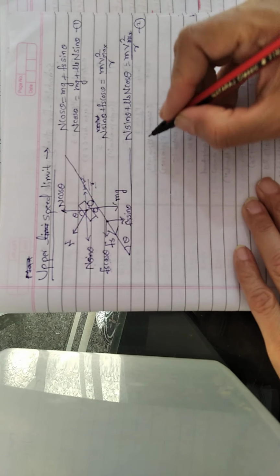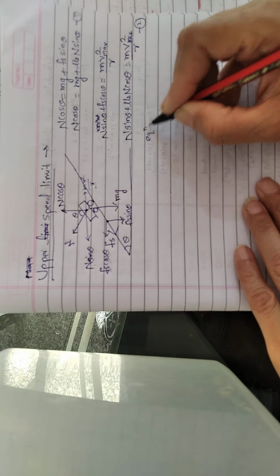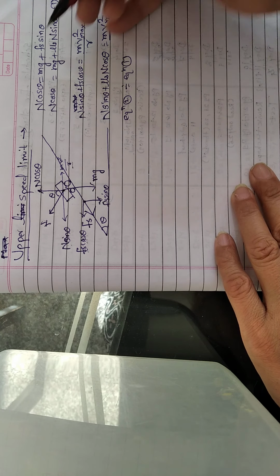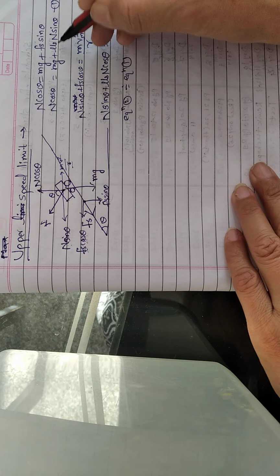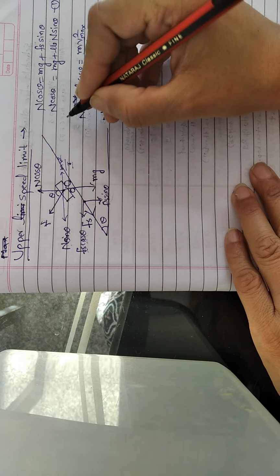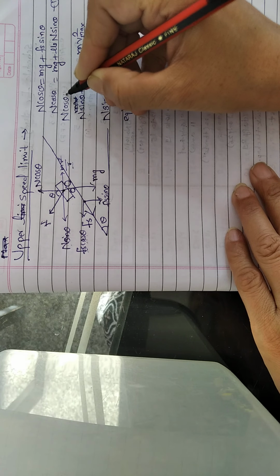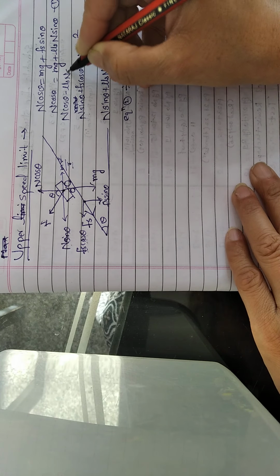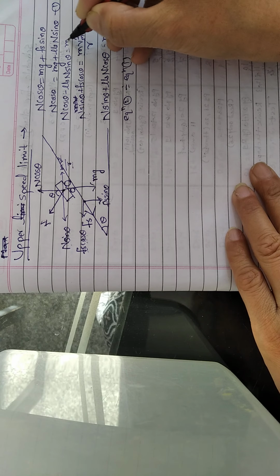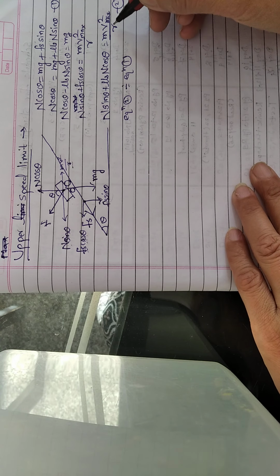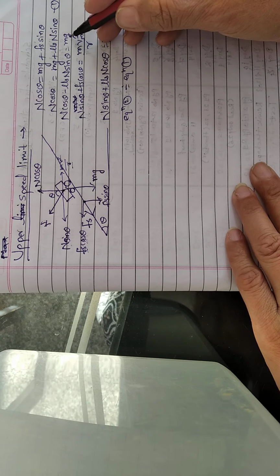Again, equation 2 divided by equation 1. Okay, so let us solve this. This divided by this, now in this case we have to convert this. So it will be n cos of theta minus mu s into n sin of theta, which is equal to mg. Then we can divide the mv square upon r divided by mg.